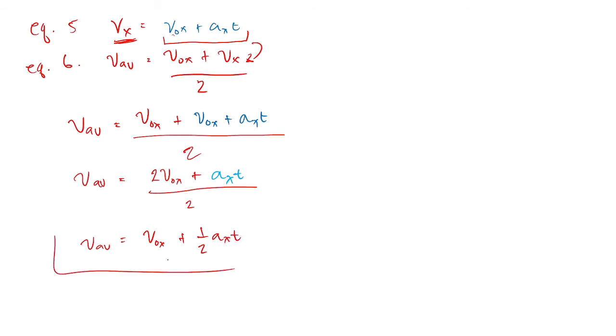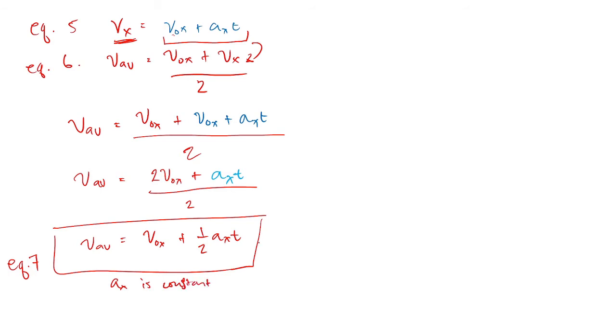So this will be our equation 7. So wherein this equation 7 will actually be useful for further computation or further derivation of our formulas. And in here, as you can see here, class, our ax again, or our acceleration, is constant.